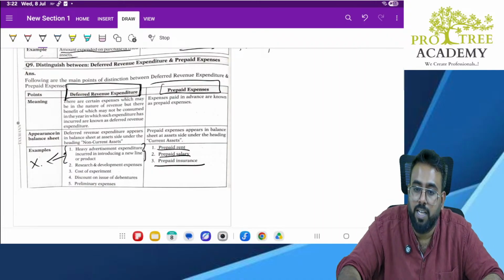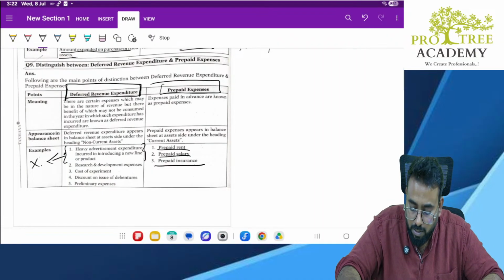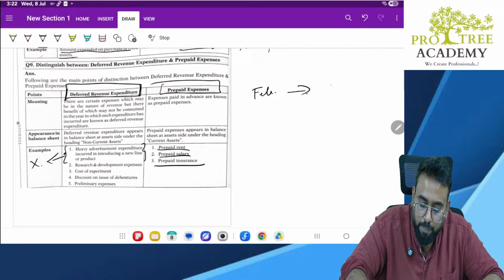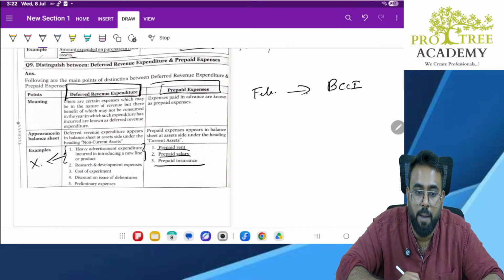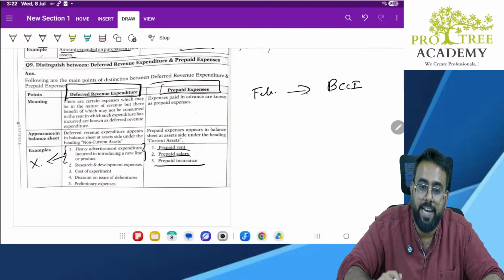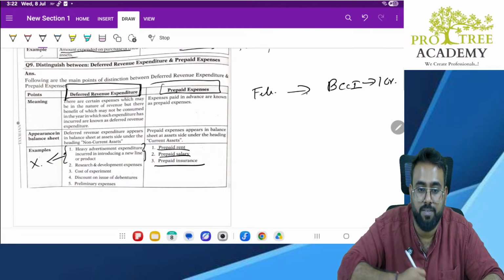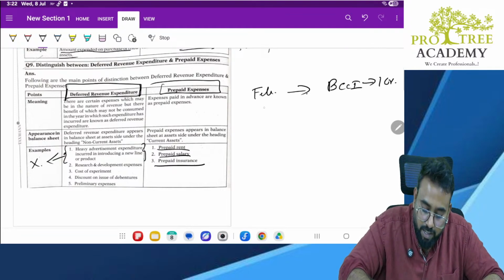Clear? Sir, let's say one example, sir. In the month of February, I tied up with BCCI. Now, I paid 1 crore rupees for promotion. When?